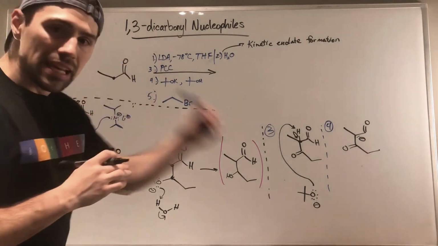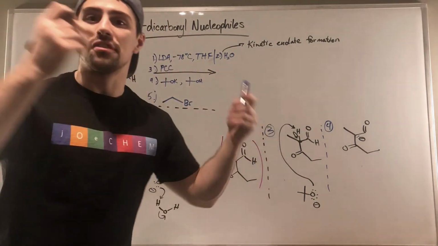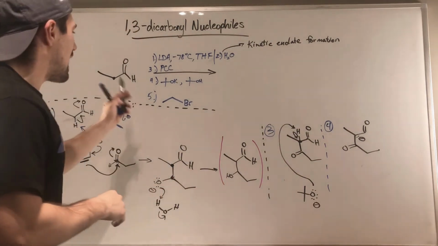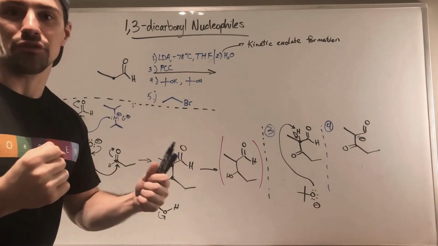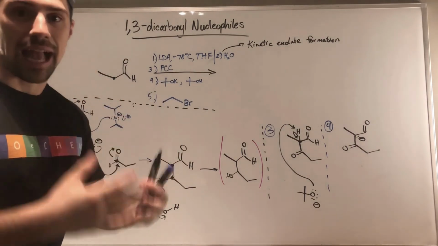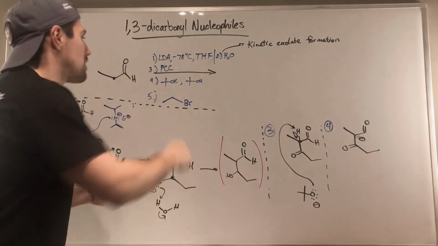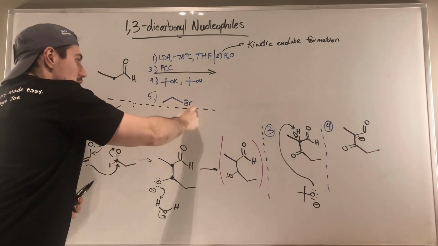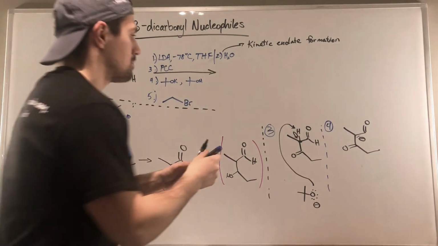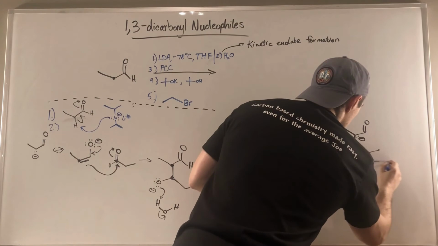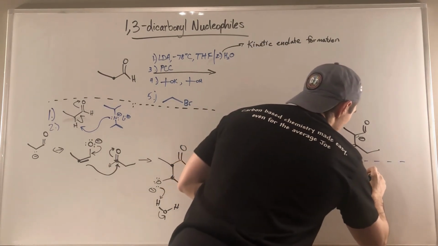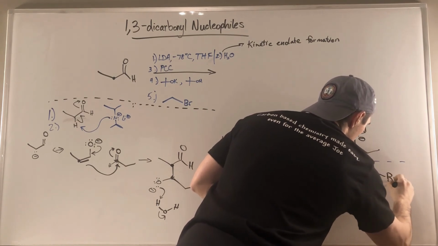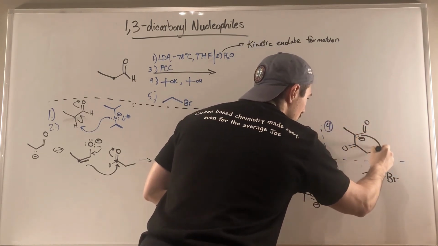And bringing it back to the theme of the video, we see entering in at number 5, ethyl bromide, a perfect electrophile for an SN2 reaction, something perfect to attack, because we have a primary carbon with a good leaving group. Excellent substrate. So, for number 5, we just enter in ethyl bromide.